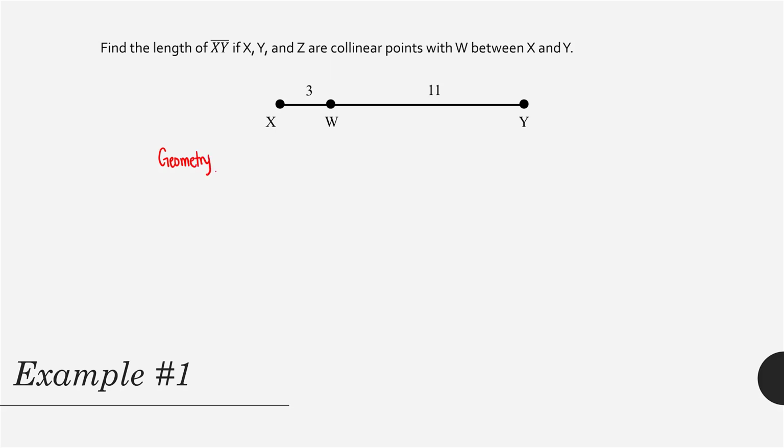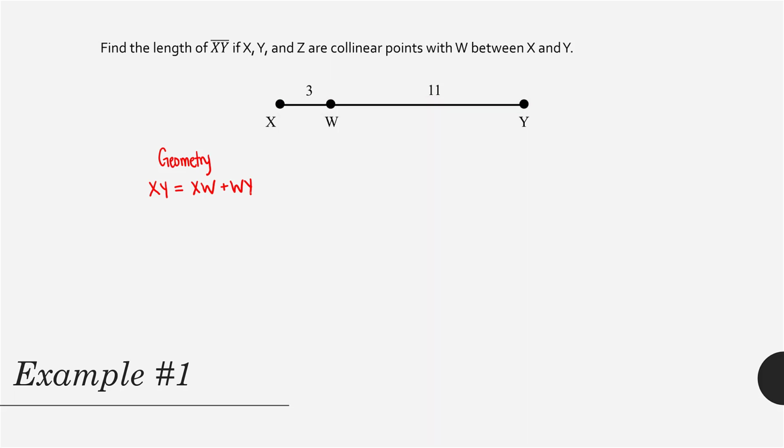And this geometry statement is going to give our algebraic equation for us. So the geometry here, segment addition says XY equals the 2 smaller pieces added up, XW plus WY. And this is where the algebra comes in.